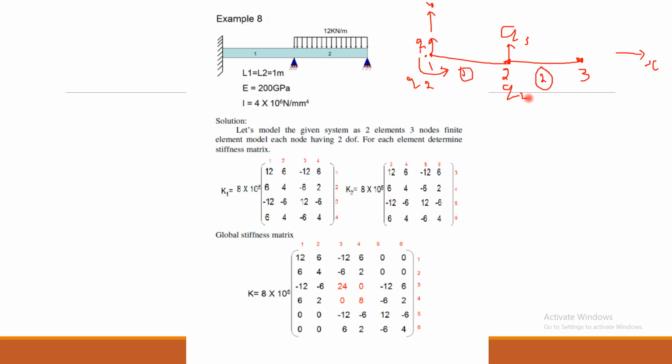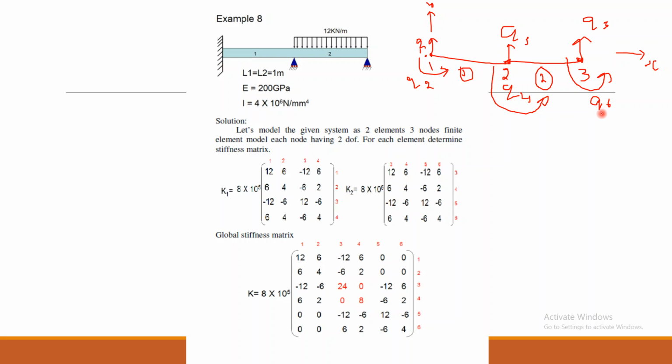Q2 and Q4 are angular displacements, and here it becomes Q5 and Q6. In addition, I need to define the loads also: F1, F2, F3, F4, F5, F6.